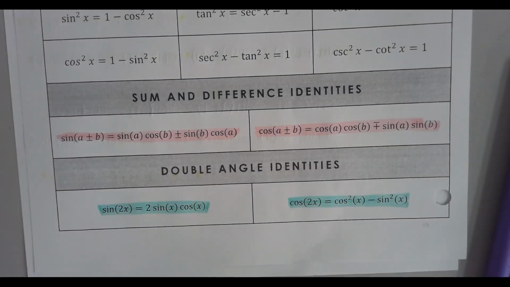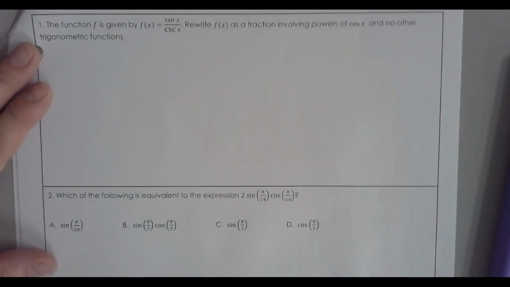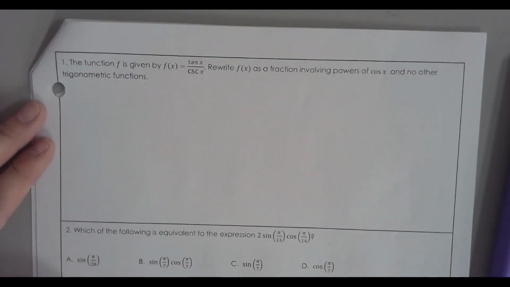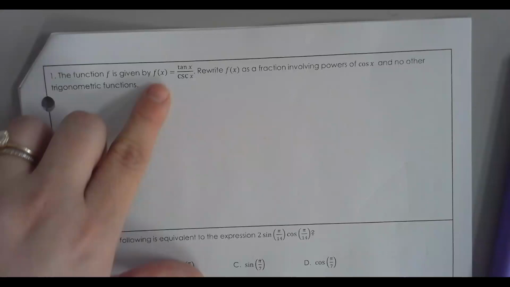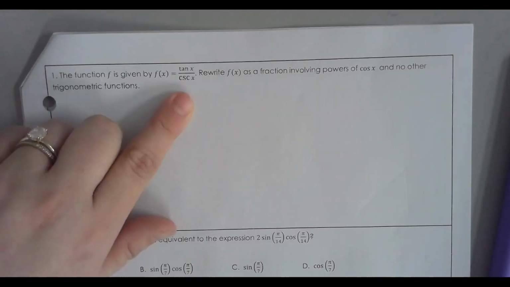So now, what are we even going to use this for? Because it's not going to just give you the formula for you to fill in. Here's the type of question that you're going to see. Number 1, the function f is given by f of x equals tangent x over cosecant x.